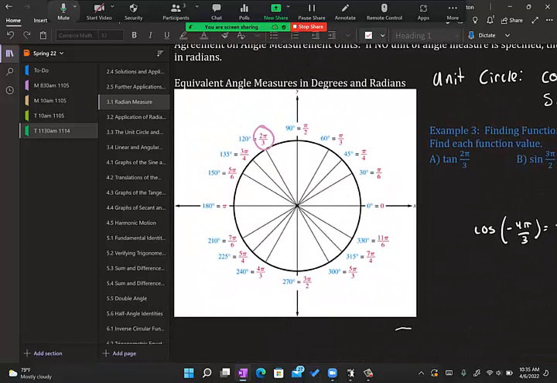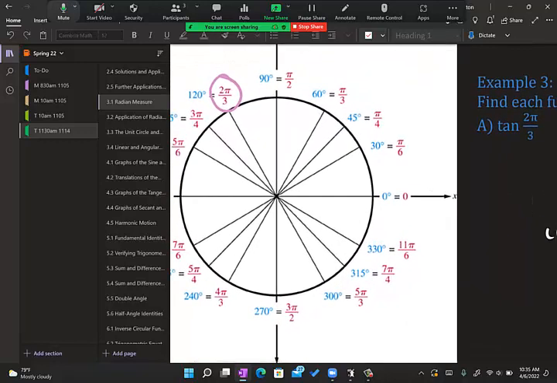When we have a negative angle, we count it in the positive direction and figure out how many dots that is. So bear with me. 1, 2 dots in the positive direction. That means you go 2 dots in the negative direction, the bottom. So 1, 2. So what we're actually going to be using is 7 pi over 4.